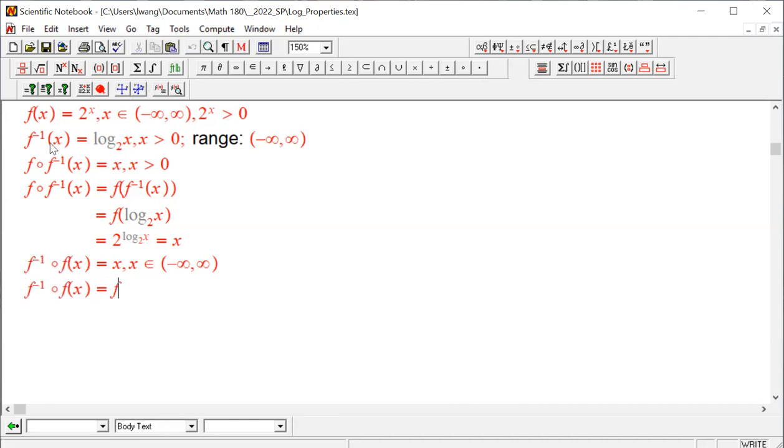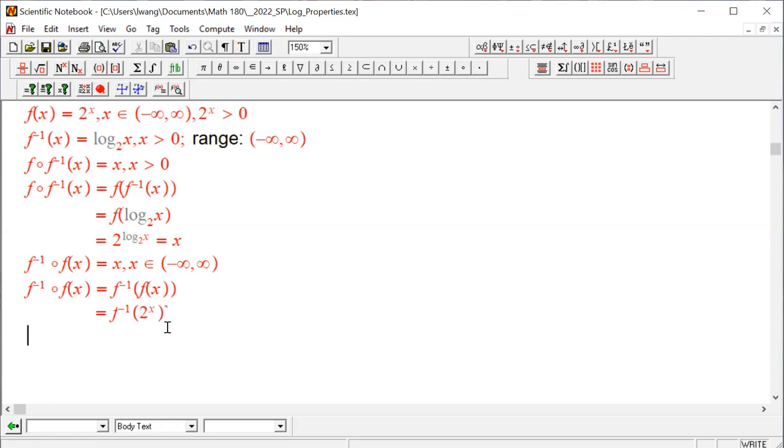So this is going to be f inverse of f of x. F inverse of f of x is f inverse of 2 to the power x.